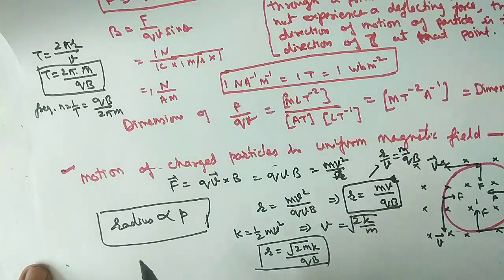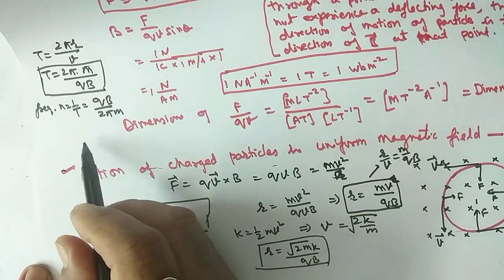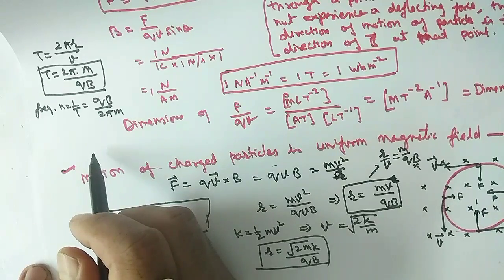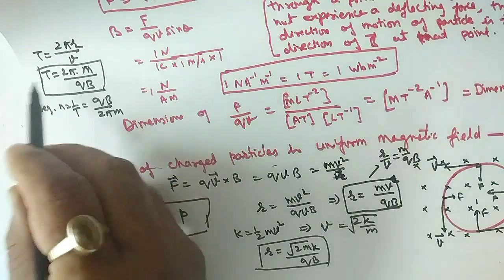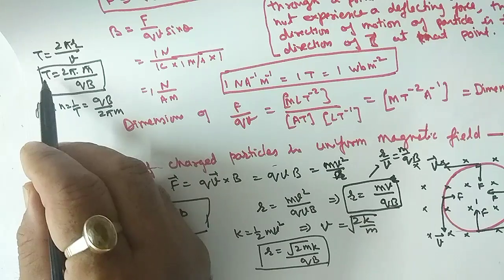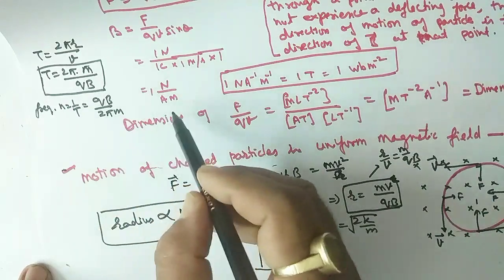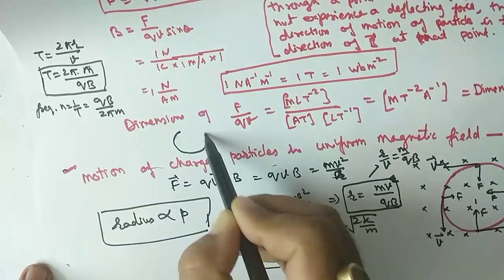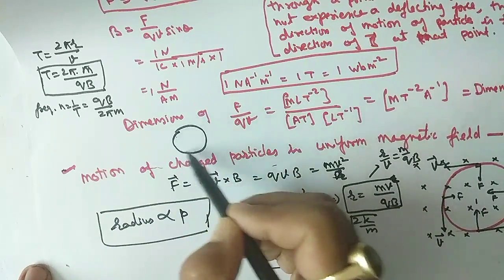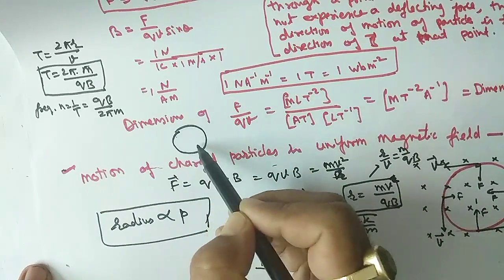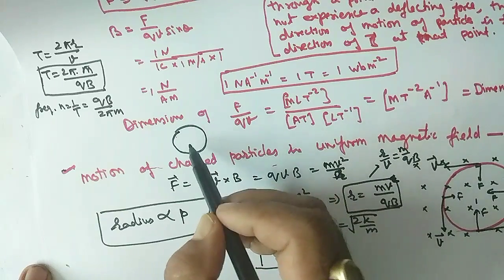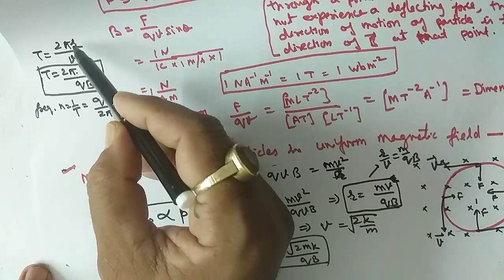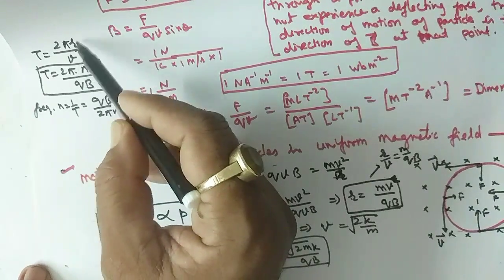The answer is that actually r and v both are auto-adjusted in this process. It means when the radius increases, the charged particle starts moving on a larger radius path, and at the same time v decreases. So r and v both are self-adjusted.